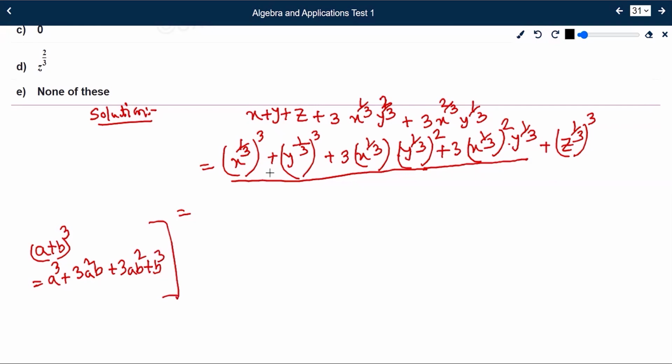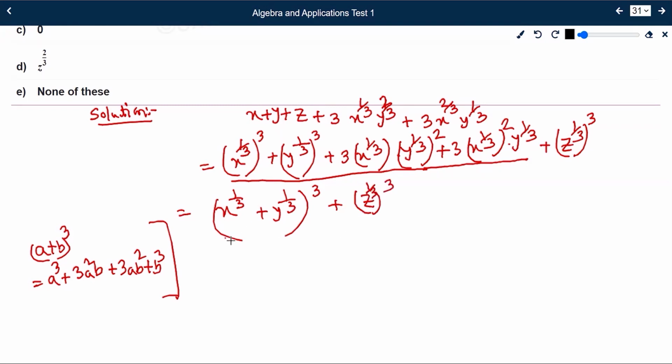So here we can assume x to the power 1/3 as a and y to the power 1/3 as b. So comparing with this identity, we can write it this way: x to the power 1/3 plus y to the power 1/3 whole cube, right? And also z to the power 1/3 whole cube, correct?